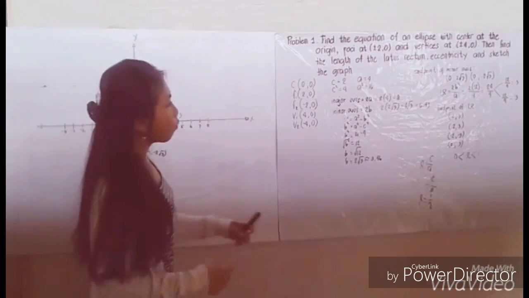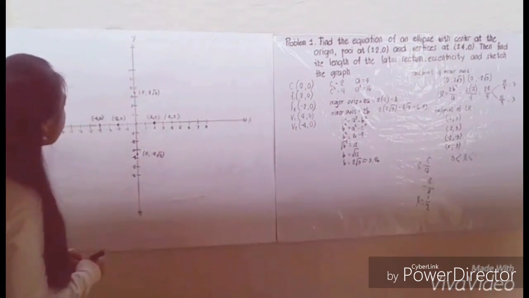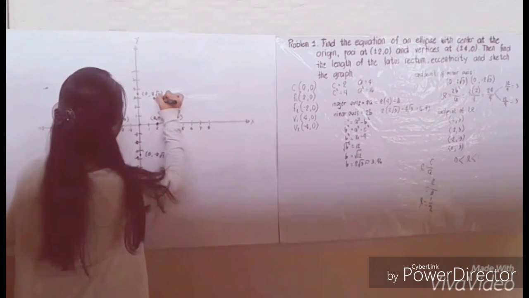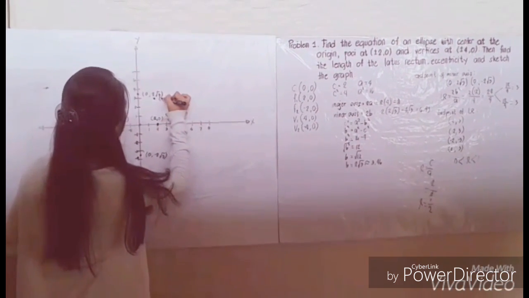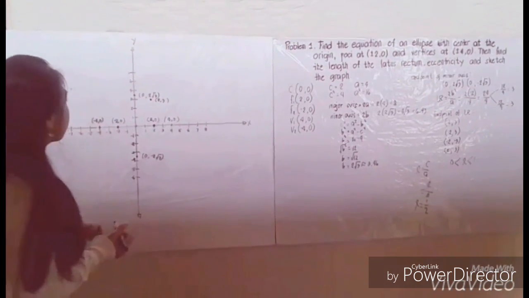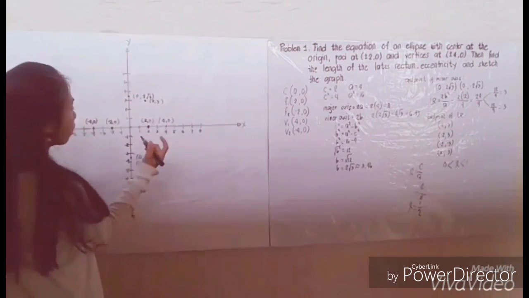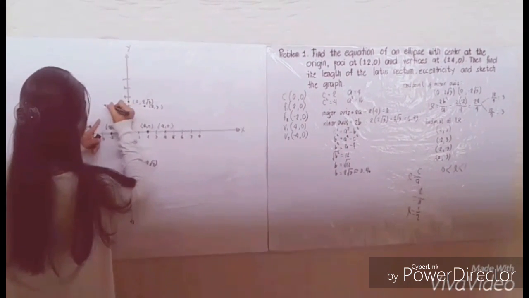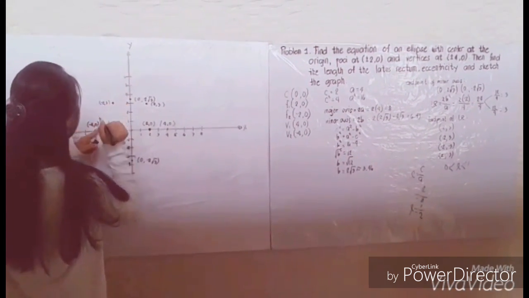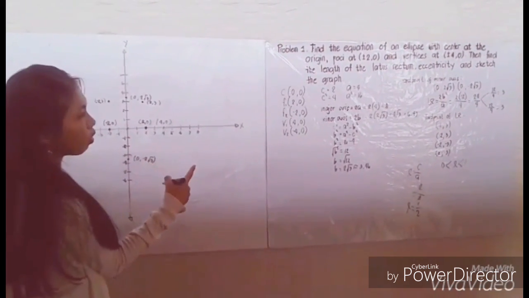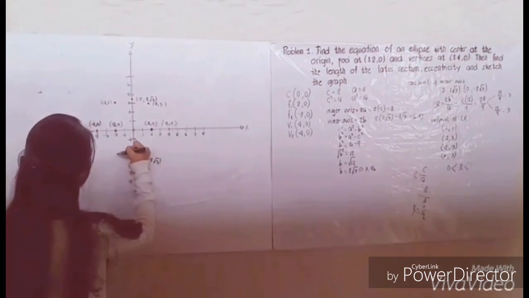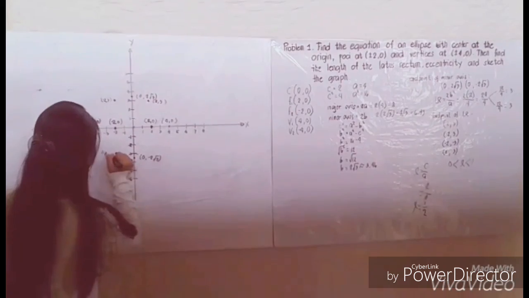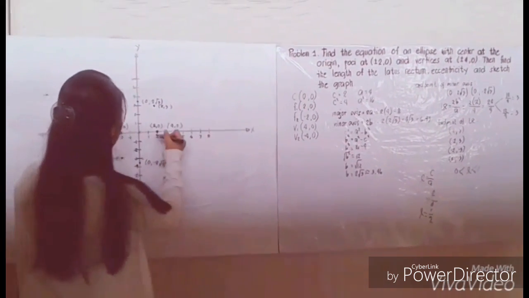We have also to locate our endpoints of LR, which are 2, 3, so here, and negative 2, 3. We have also negative 2, negative 3, and 2, negative 3.